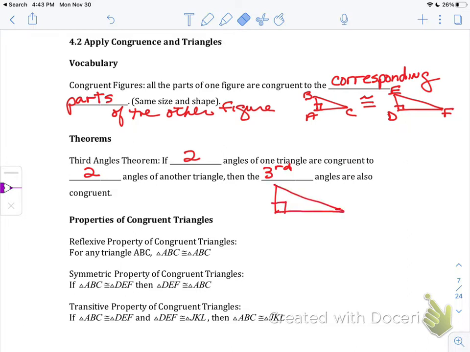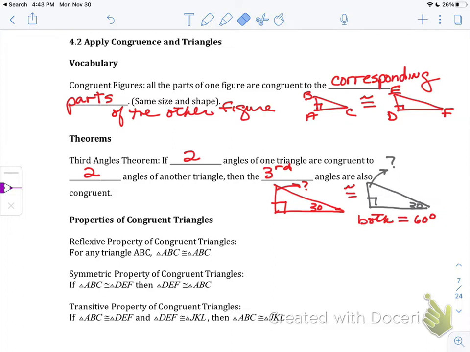Let's say if we knew that that was a right angle and that was 30 degrees, and if we also knew that that was a right angle and that was 30 degrees, wouldn't we know that the two question mark angles have to be the same? Of course we will, because both are equal to 60 degrees, since the triangles have to both equal 180 degrees, and you already have 90 and 30 in each one.